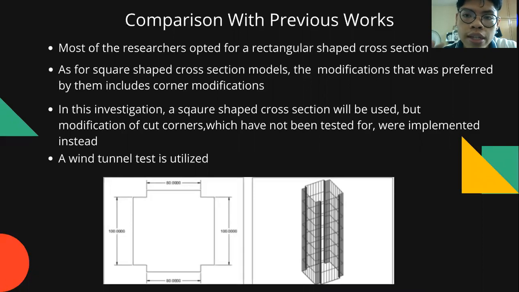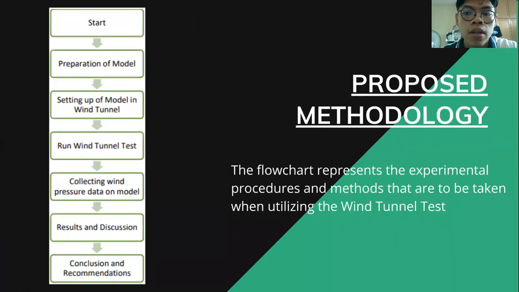While for this experiment, I'm using a corner cut model as shown in the figure below. You can see the 2D view and the 3D view. In this investigation, a wind tunnel test is also utilized, just like the majority of the previous authors.